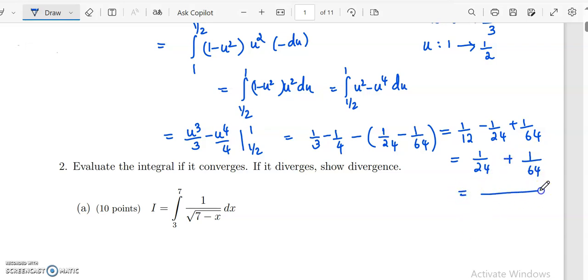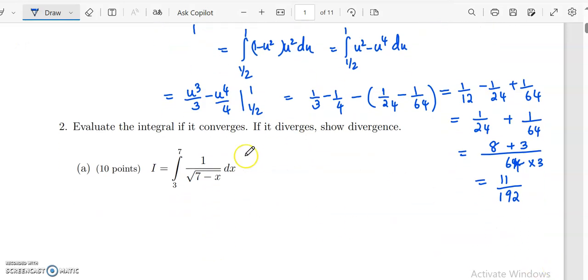Now take the common denominator to be 64 into 3. So this is already 8 into 3, so 8 will come on the numerator, and here 3 will come on the numerator. So we will be getting 11 by 192. So that will be the value of the integral.